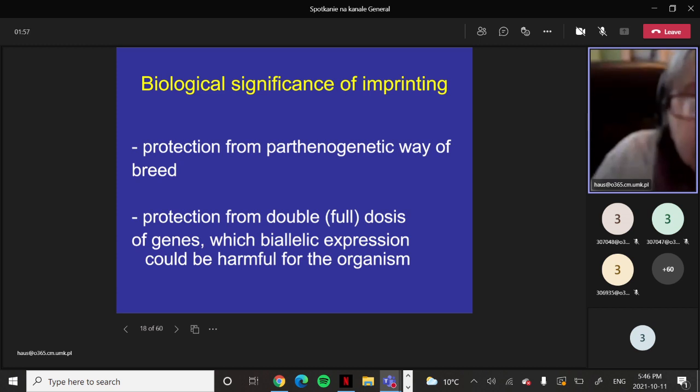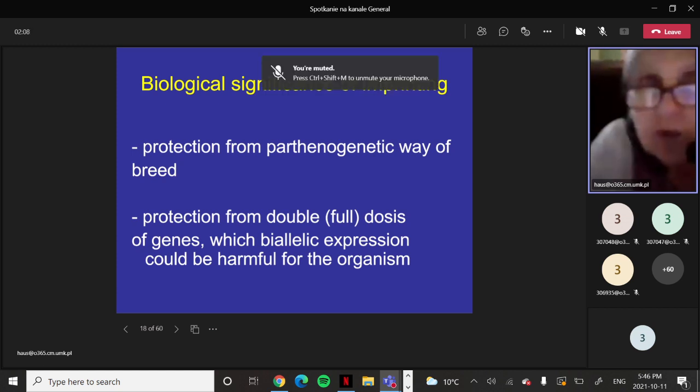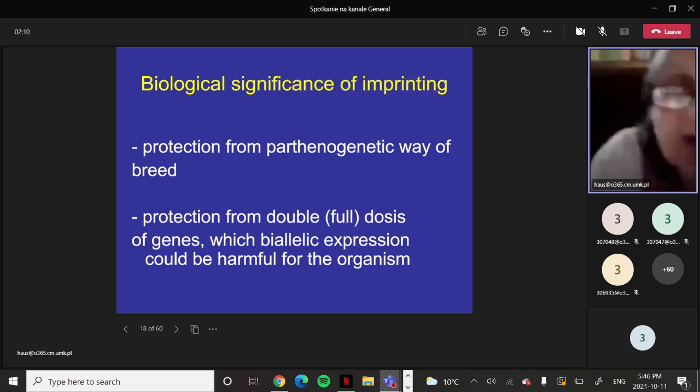Yes, and we should adjust ourselves to these changes of environment. And parthenogenetic organisms don't have this possibility to adapt fully to changes in the environment of life in general.